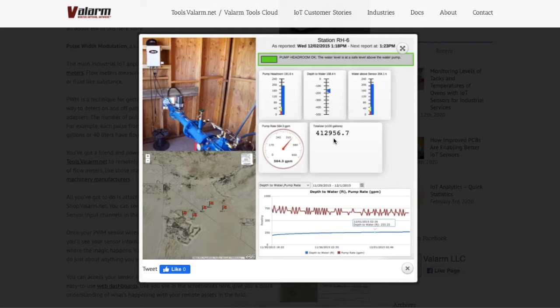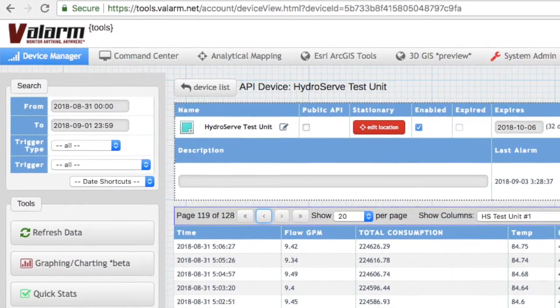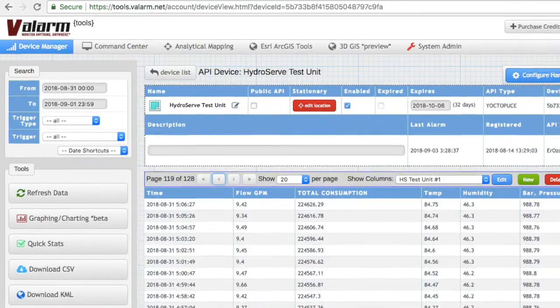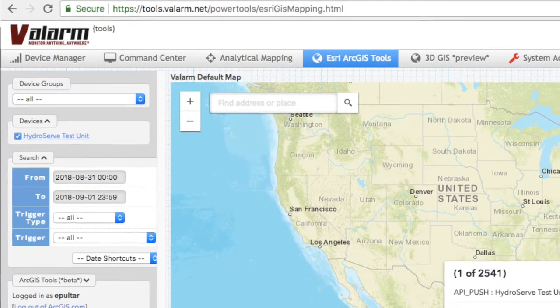PWM is a technique for getting a pulsing signal from voltage transmissions. It's a way to detect on and off patterns that are the pulses we count with these PWM sensor adapters.